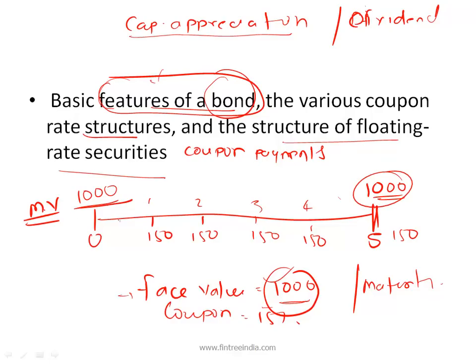Now, it is not necessary that the bond will actually trade at 1000 rupees throughout its 5 years. The way an equity share is listed on an exchange, in the same fashion a bond can also be listed, and the price of this bond in the market might become 900 or it might become 1500, and it will keep on moving during the period of these 5 years.